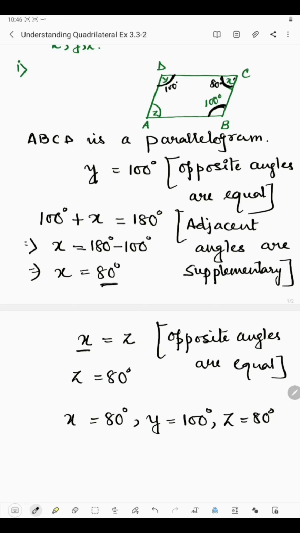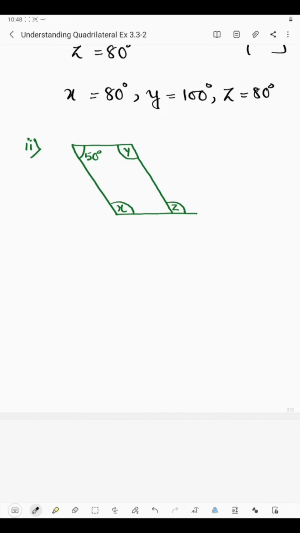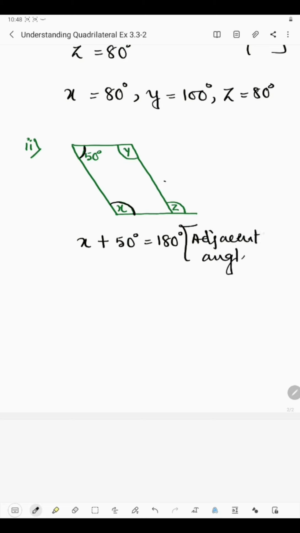Now coming to part 2. Here again we will have to find the values of x, y and z, and this is the shape of a parallelogram. Here angle x and the 50 degree angle are adjacent angles. You can take any one of these. Suppose we take this and this at first. So angle x and angle 50 degrees make 180 degrees, because these are adjacent angles, and adjacent angles are supplementary in a parallelogram.